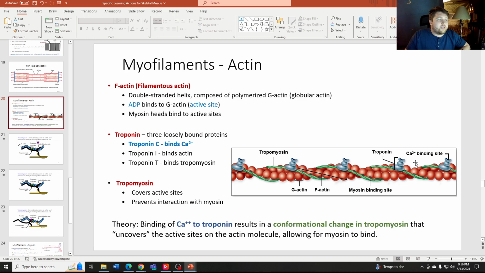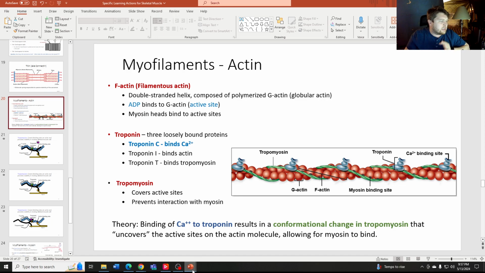Then we also have another protein called troponin. Within troponin, we also have several components. We have troponin C, which binds calcium, troponin I, which binds to the actin, and then troponin T binds to tropomyosin. So troponin has 3 different parts, and it's grabbing and holding everything together, okay?